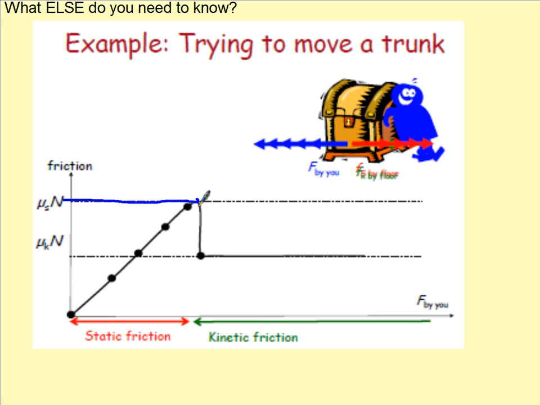If you were to keep applying force, you would go into a kinetic situation where, as the force increases, it instantly drops down and you have a constant kinetic friction from there on. So once you get that trunk moving, you can apply less force to keep it moving at a constant speed.